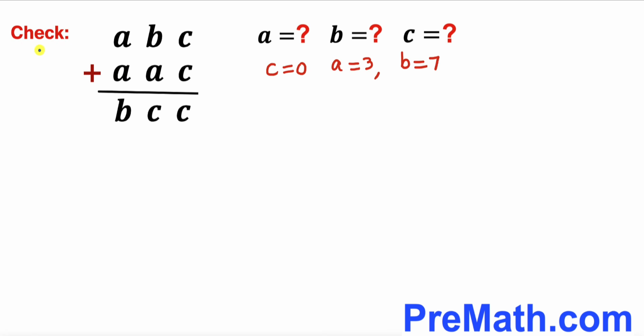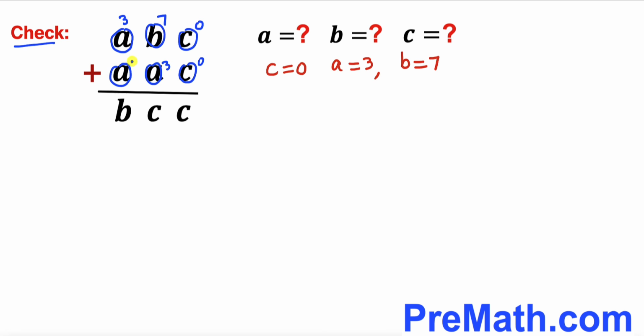And here's our final step. Now we are going to check these values so that this statement is true. A is 3, B is 7, C is 0. Likewise, C is 0, A is 3.